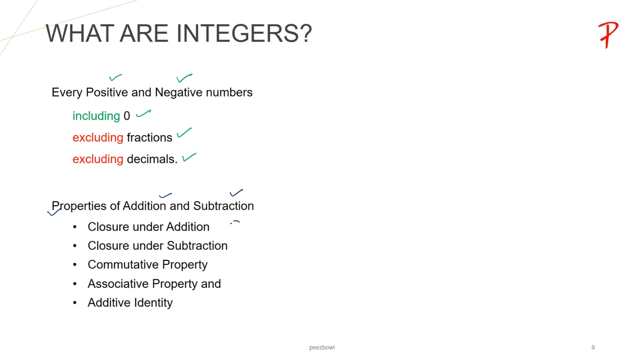We saw that for any two integers a and b, their sum is going to be an integer, that is a plus b is also going to be an integer, right? Then we saw closure under subtraction. For any two integers a and b, their difference is also an integer, right?